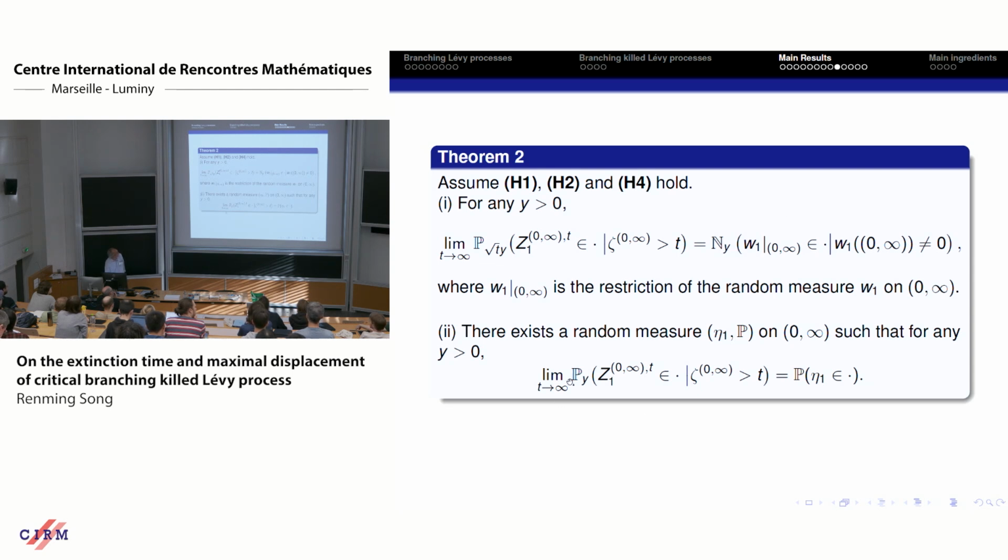On the other hand, if you start from a fixed initial position, then the limit is not related to the superprocess, but is given in terms of a certain random measure. So depending on your initial position, there is one interpretation of the limit, otherwise the other interpretation. Okay?